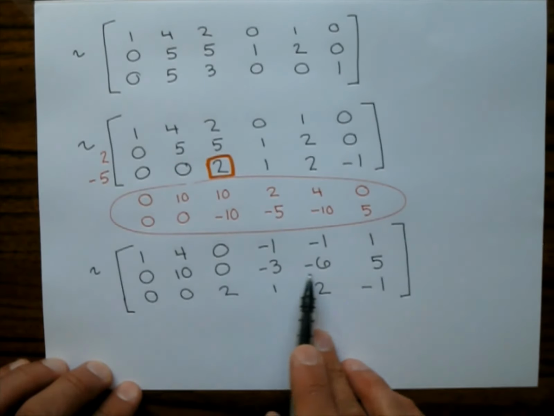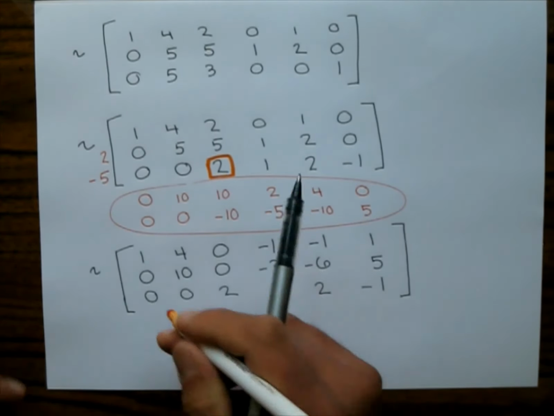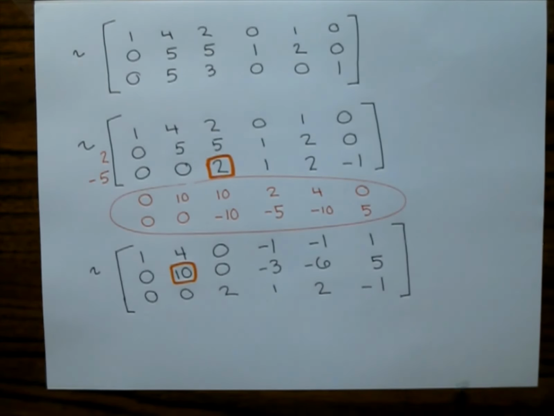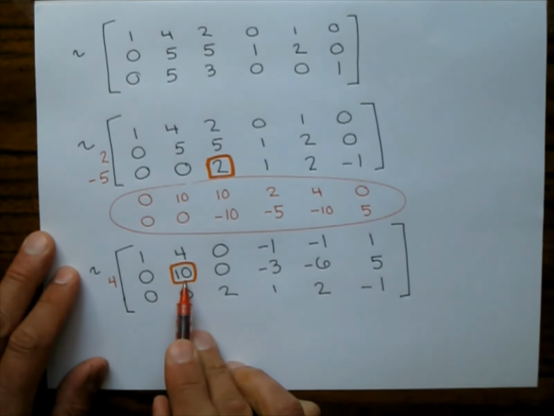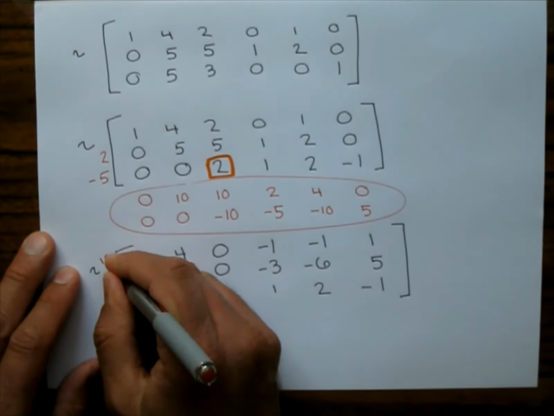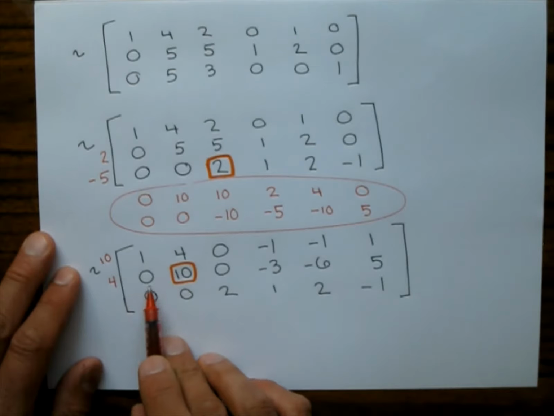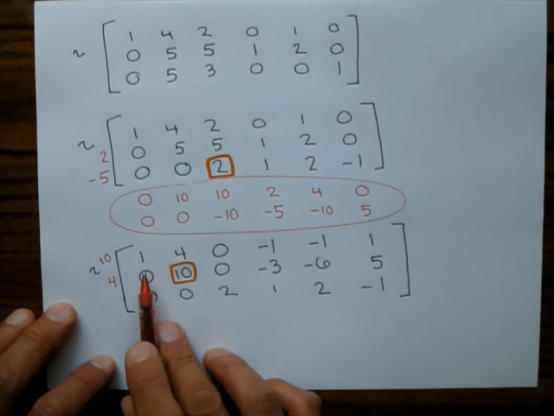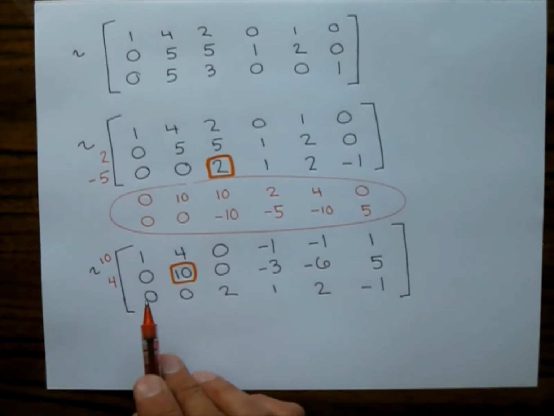I can't scale down any of the rows. I'm going to use the 10 as a pivot. As much as your book discourages me from doing this, I don't care what your book says, actually, because I don't want to do fractions. I'm going to put a 4 there, so that's going to put a 40 there, and a 10 times the first row, which will put a 40 on top. It doesn't really matter which one gets the negative.